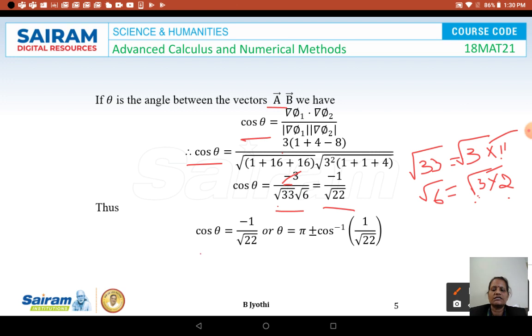Therefore cos theta equals minus 1 upon root 22, or theta equals pi minus cos inverse of 1 upon root 22.